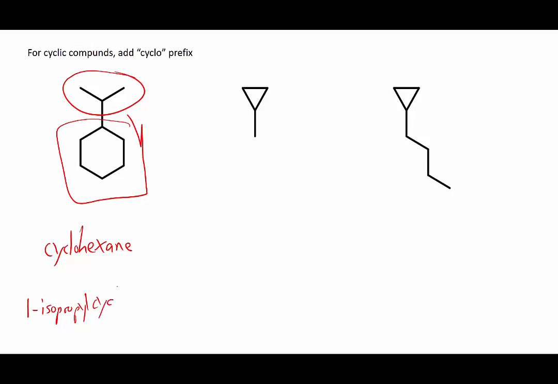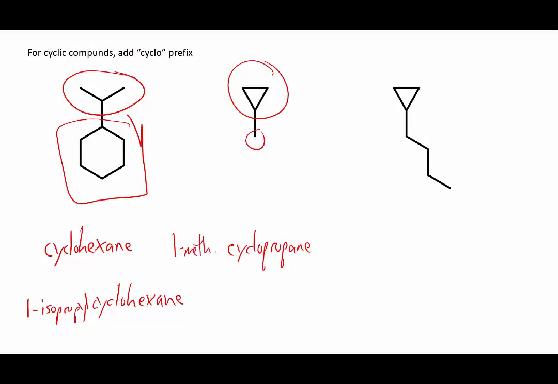Cyclohexane. In this example, there are 3 carbon units in the ring, so the base here is cyclopropane. There's a methyl group coming off of here, so this is 1-methyl cyclopropane.